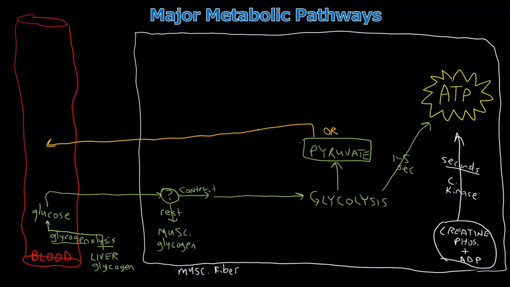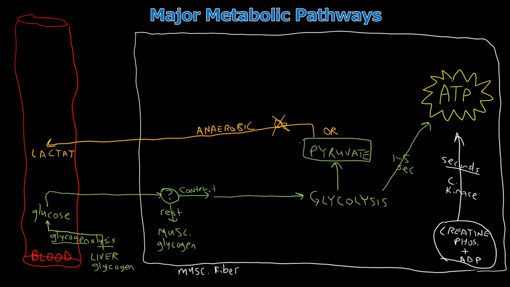Let's say we're oxygen poor, and I'll just put O2, but I'll cross it out, and then I'll remind ourselves that that's called an anaerobic pathway. And of course, these will fuel those fast twitch glycolytic fibers that we talk about. And what happens is we will convert that pyruvate to something called lactate.